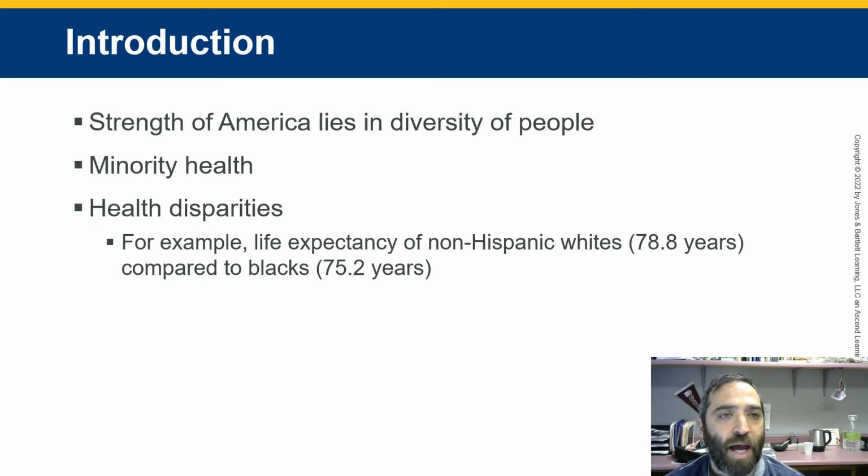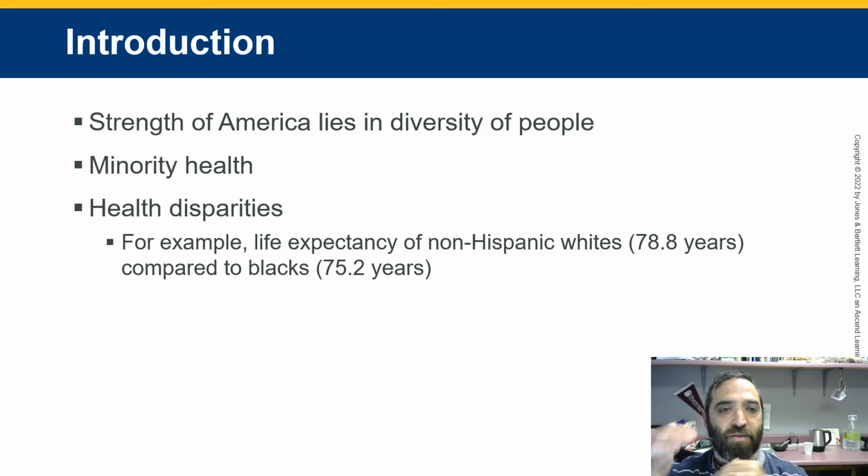All right, we're going to talk about minority health in this chapter, and minority health is going to refer to the morbidities and the mortalities, and research shows that minorities have poorer health in general. A couple of exceptions. But health disparity is just that difference between people groups, right?